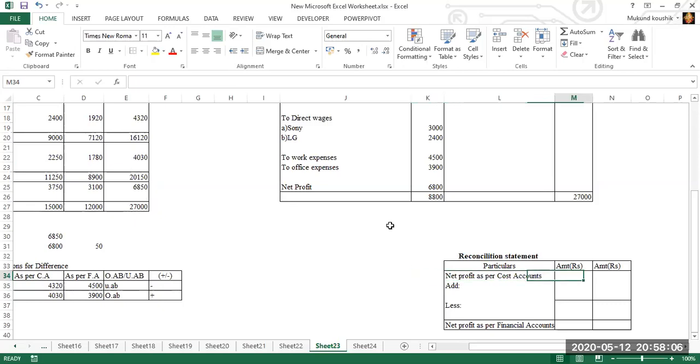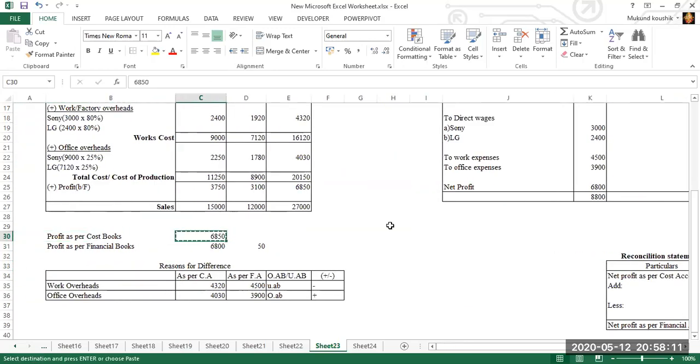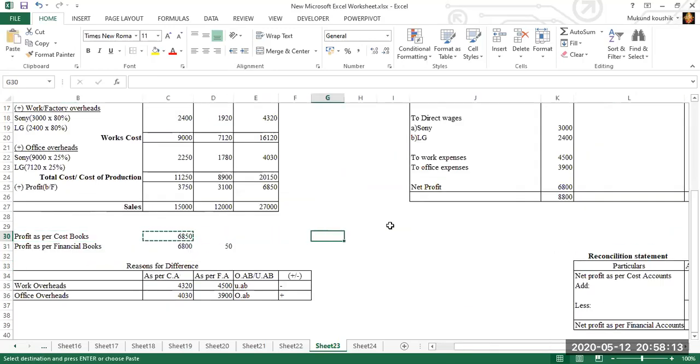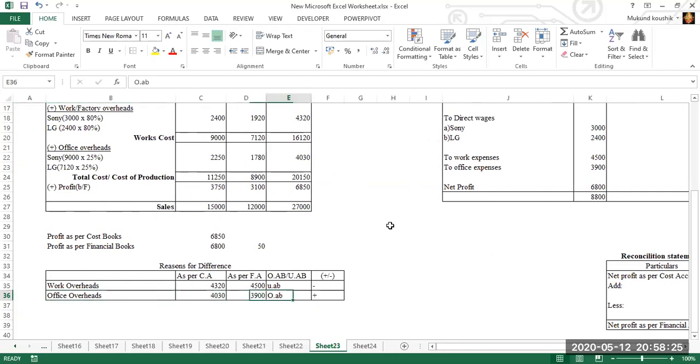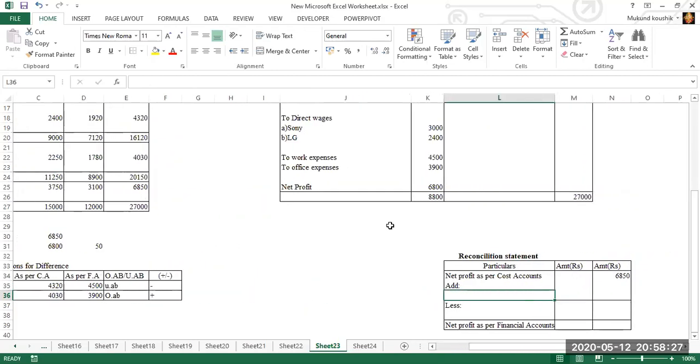You have to start with net profit as per cost accounts. How much is the net profit as per cost accounts? It is 6,850. So 6,850, the net profit as per cost accounts, is the starting point. Then we have to add the over absorption of office expenses in cost accounting.